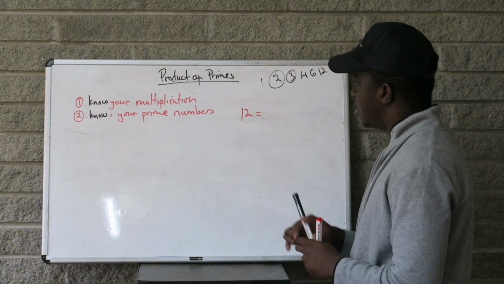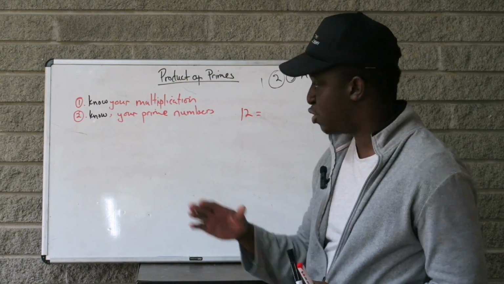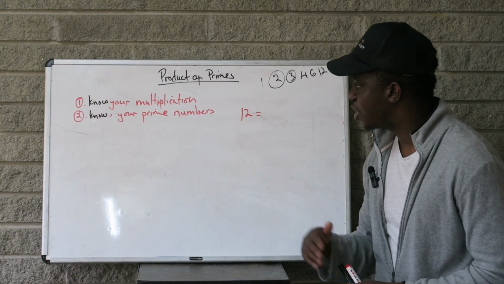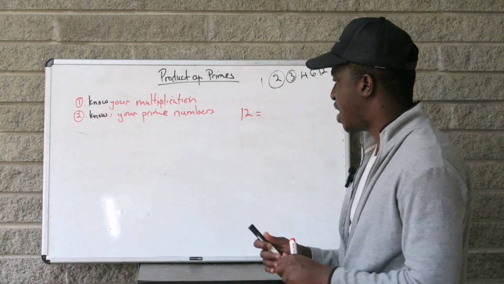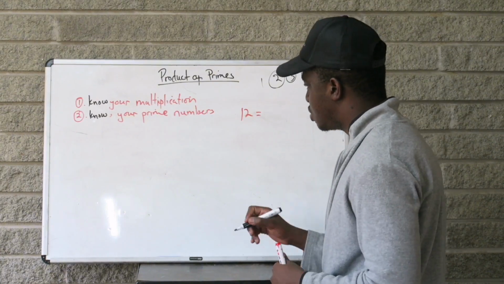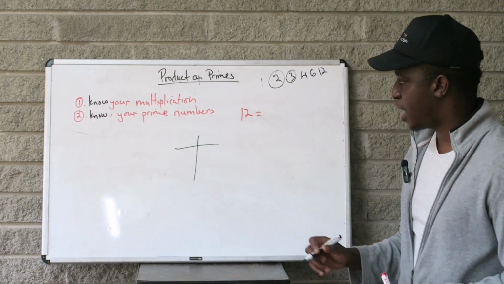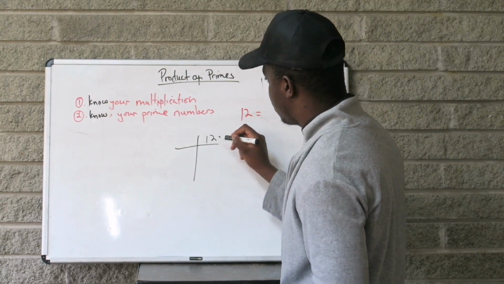Now, let's see the method for expressing 12 as a product of its primes. First thing you need to do is draw this little diagram over there, right? And I put my 12 over here.